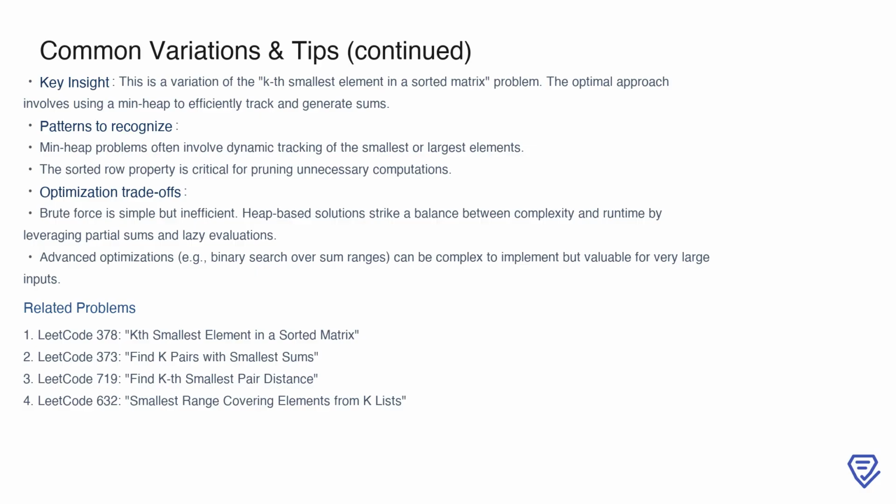While these optimizations can significantly improve efficiency, they require a solid understanding of concepts like binary search and sum counting strategies. This problem also relates to other LeetCode problems, such as kth smallest element in a sorted matrix, find k pairs with smallest sums, and find kth smallest pair distance, which can provide additional practice and insights.